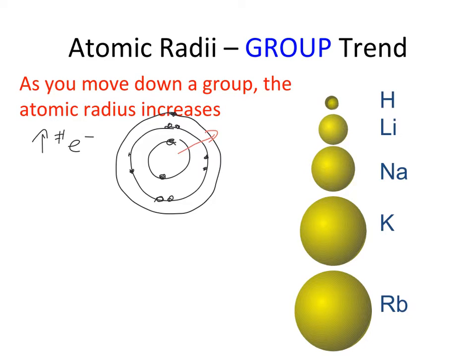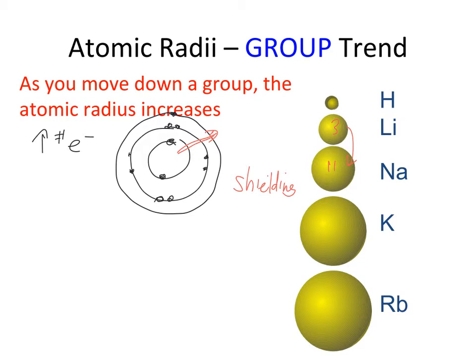As you know, lithium only has 3 electrons, and sodium has 11 electrons. If it has more electrons, it's going to have to take up more space because it's going to have to occupy new and bigger energy levels. Not only that, but there's also an interesting thing happening with something called shielding. Remember, that's from last lesson.